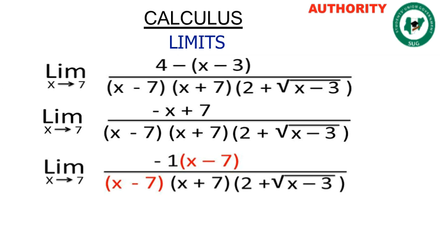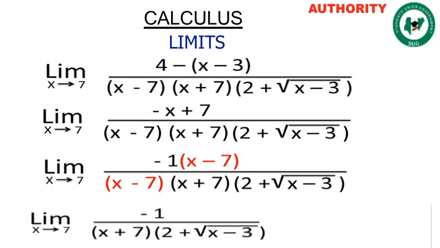Now the limit as x approaches 7 is equal to, you will discover that we have x minus 7 in the numerator and x minus 7 in the denominator, so they can cancel each other. We are left with minus 1 in the numerator.